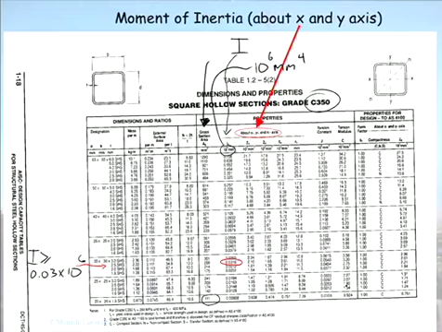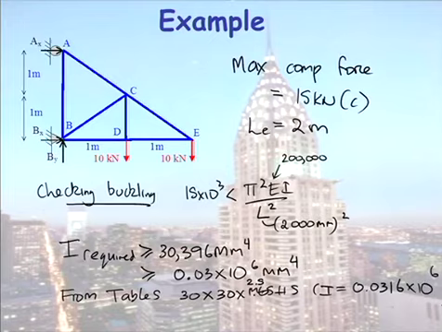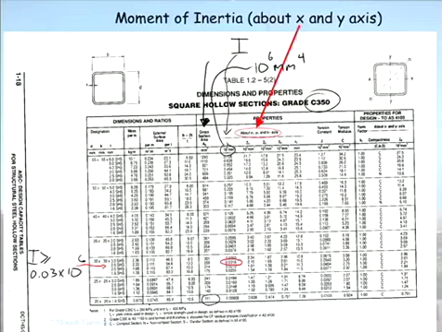I've got to look at it up there. No, it's 2.5, isn't it? Sorry. 2.5 has an I value equal to 0.0316 by 10 to the 6. Can you see that? So that section would do nicely.